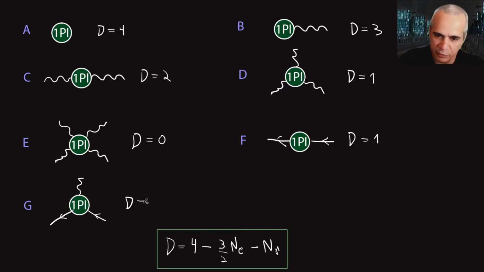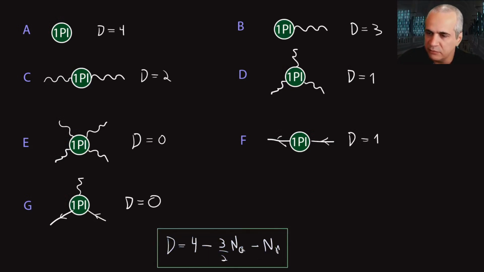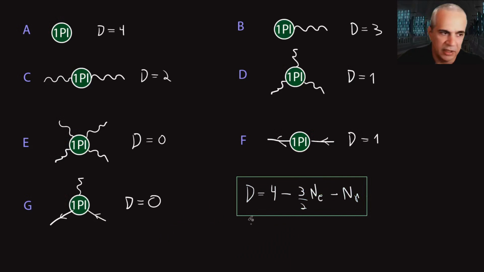That's superficially divergent, again, as a log. And again, if I try to increase more photons or more fermions here, I'll have only convergent diagrams, which shows how powerful this kind of analysis is, because I pretty much just classified all potentially divergent diagrams in QED just by looking at this nice formula right here.